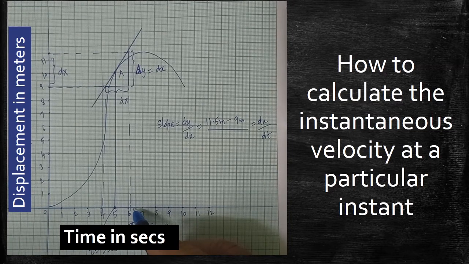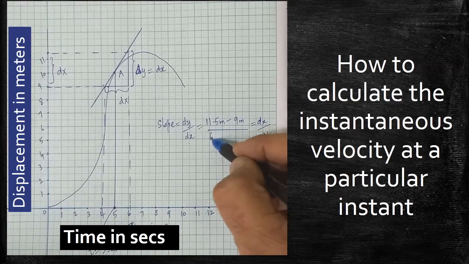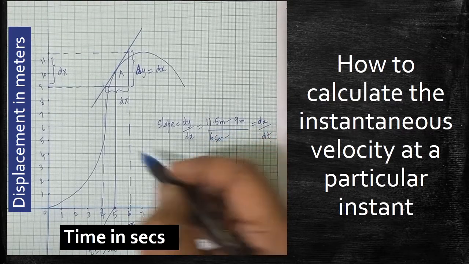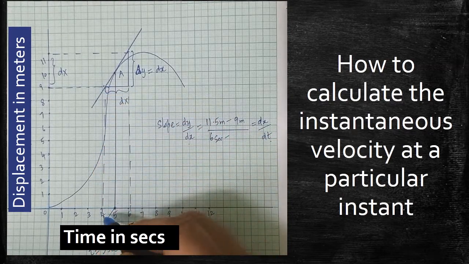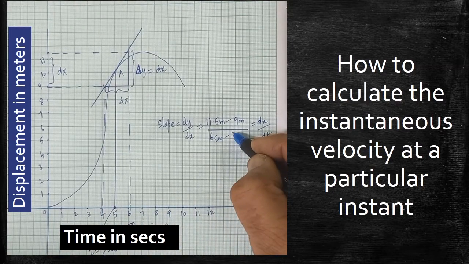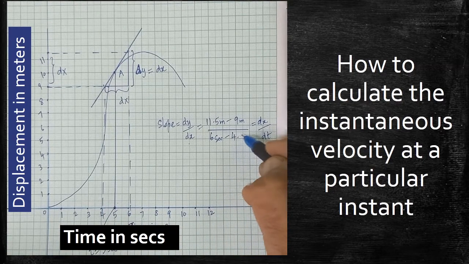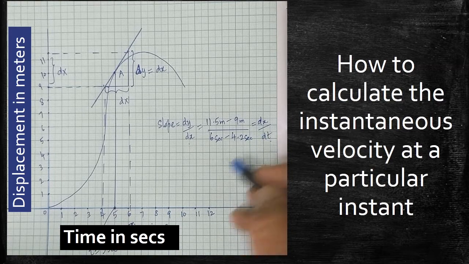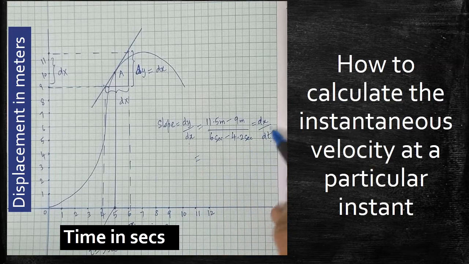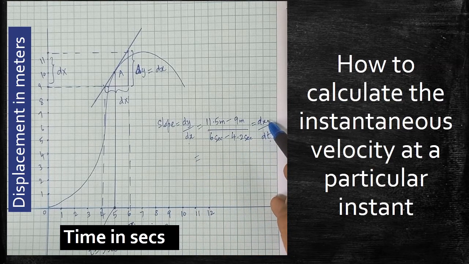So what is the time here? This is exactly equal to 6 seconds minus, if the line is extended, approximately 4.2 seconds. Understood? So dy is the difference in displacement, dx is the difference in time.